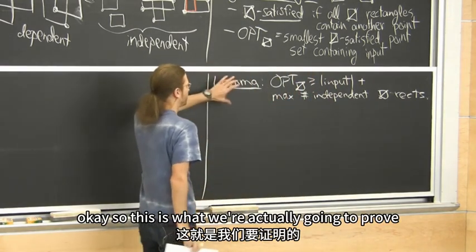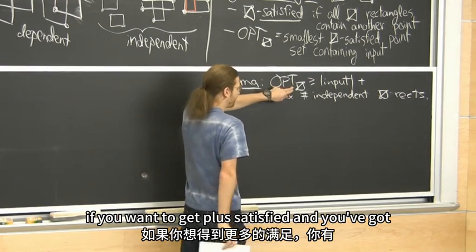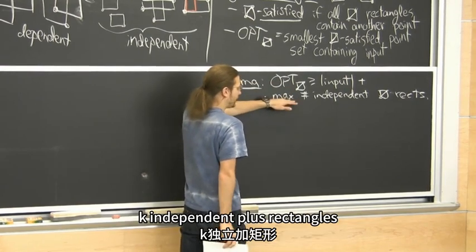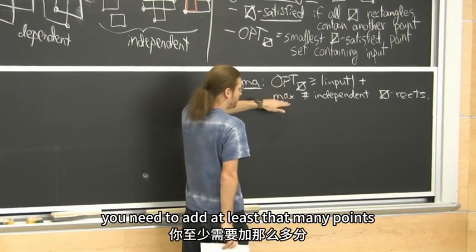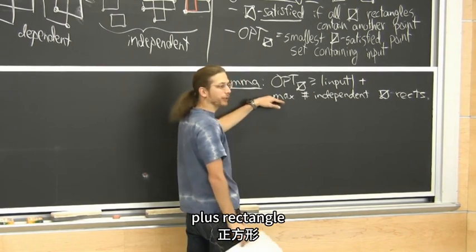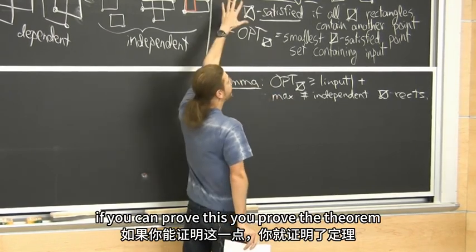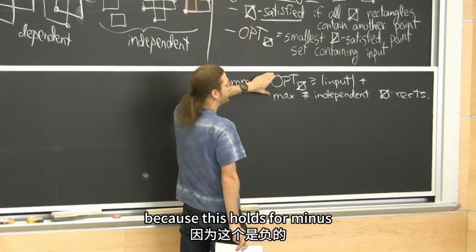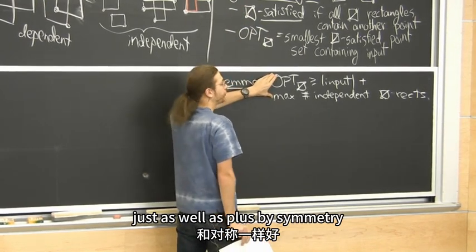Okay, so this is what we're actually going to prove. If you want to get plus satisfied and you've got k independent plus rectangles, you need to add at least that many points, so at least 1 point per plus rectangle. If you can prove this, you prove the theorem, because this holds for minus just as well as plus by symmetry.